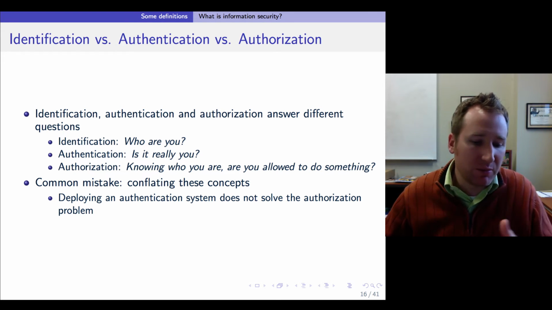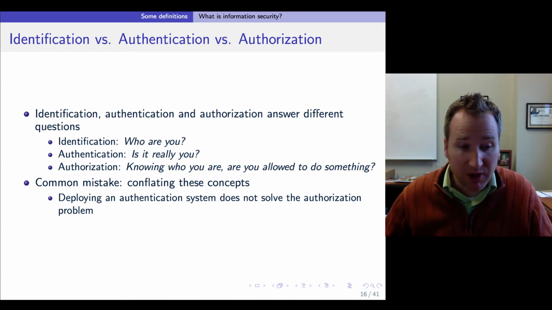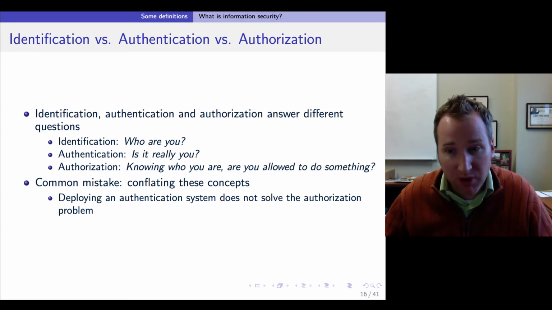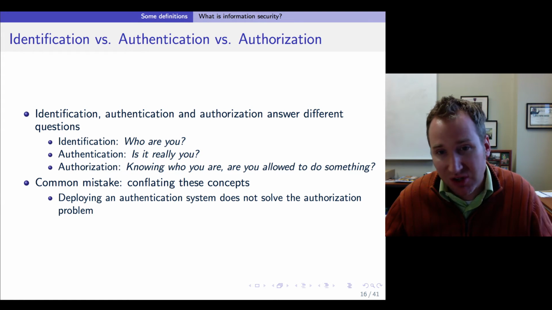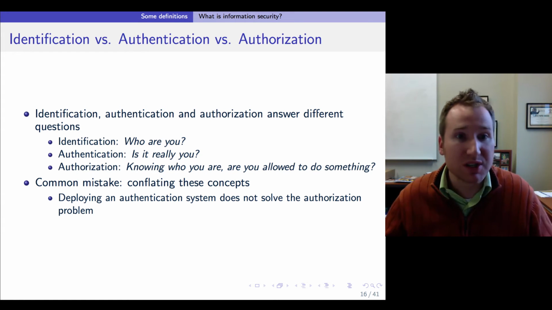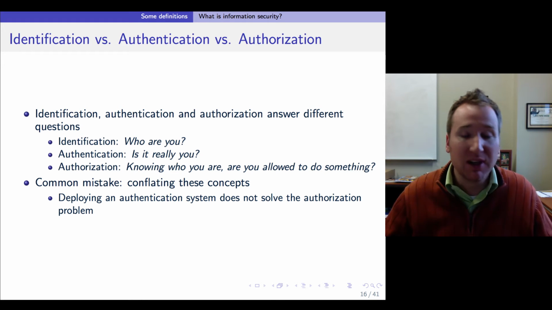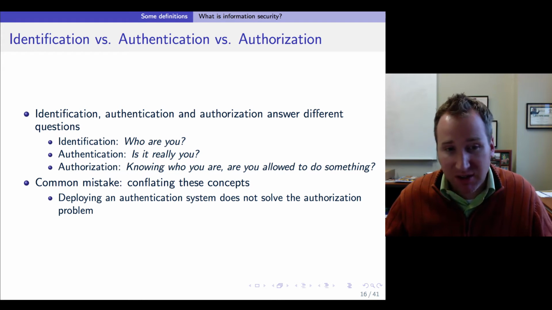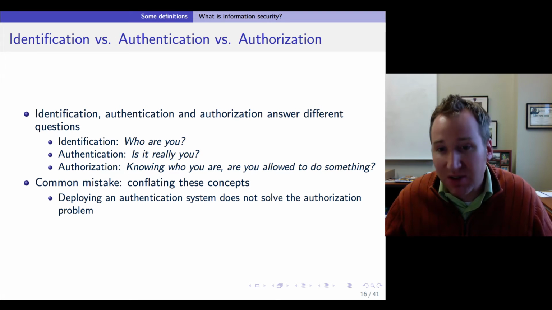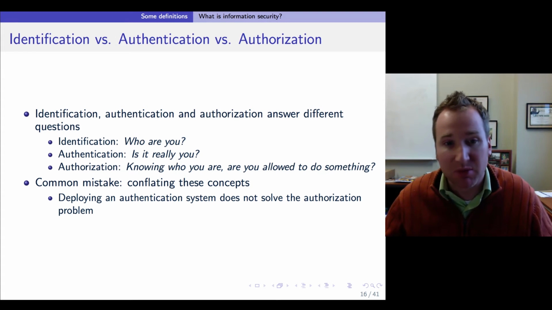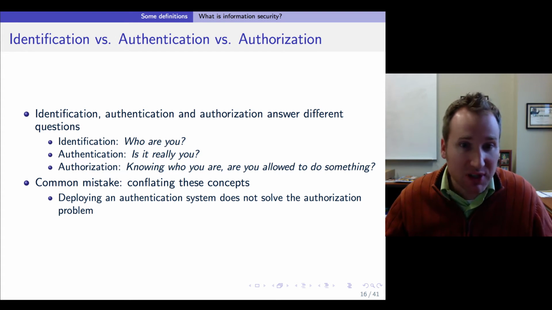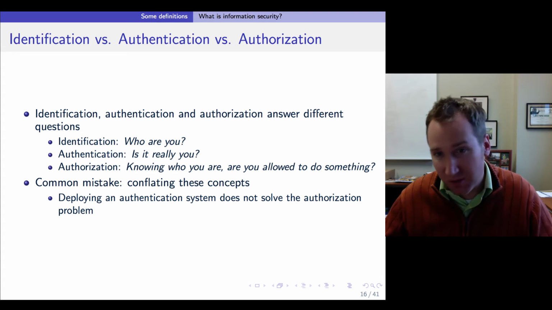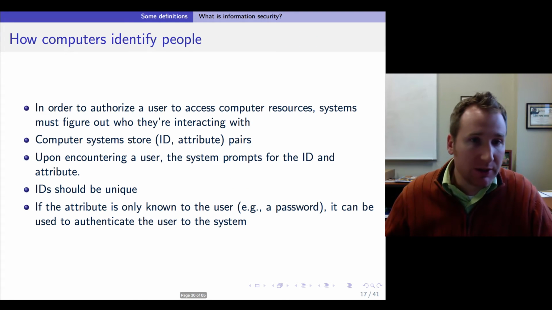And people will often say, all right, we've got this authentication solution that's going to solve all of our problems, when their problems are in fact authorization problems, deciding who is actually entitled to access a system. Coming up with a fancy authentication mechanism isn't going to solve that problem. It just solves the problem of saying, is it really you? Are you the identity that you claim to be?